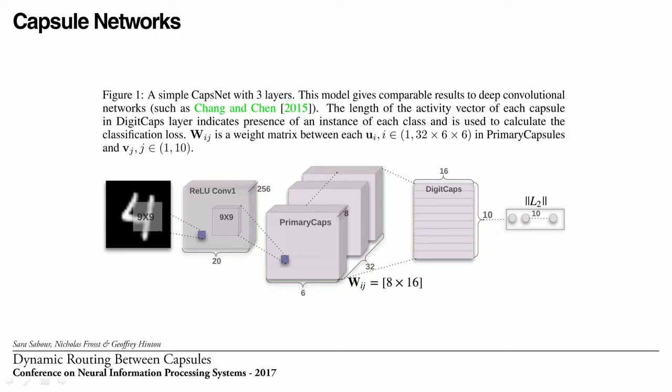Capsule networks essentially nest a layer within a layer, so they're increasing the width of the network and not the depth. This allows for detailed pose information that the network understands and learns, things like object position, rotation, skewness, size, and so on.